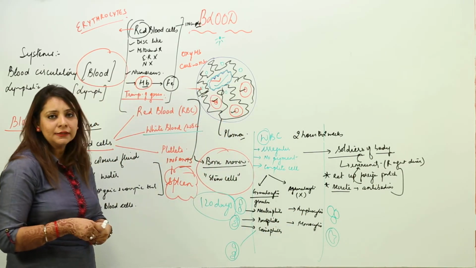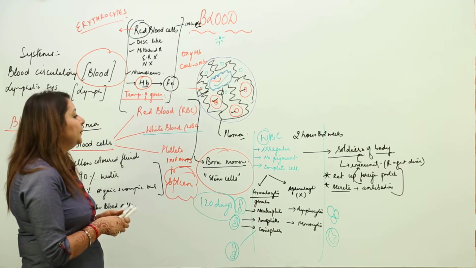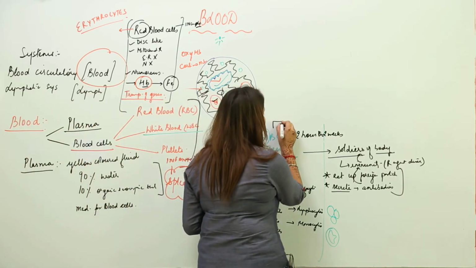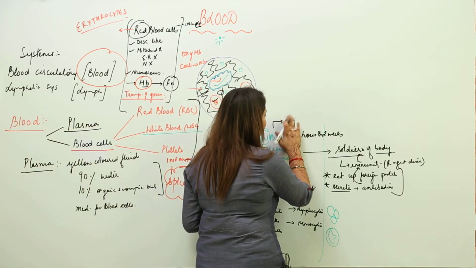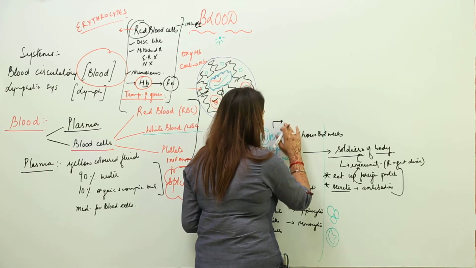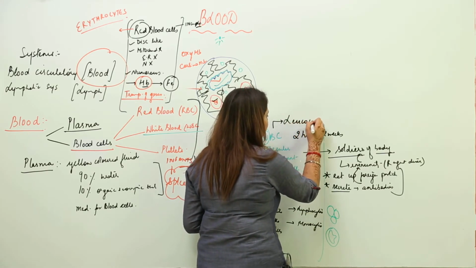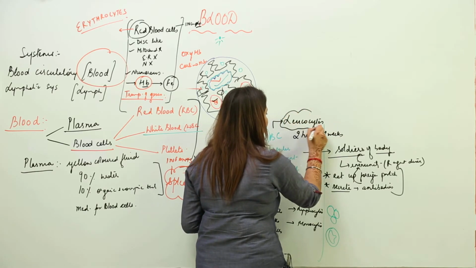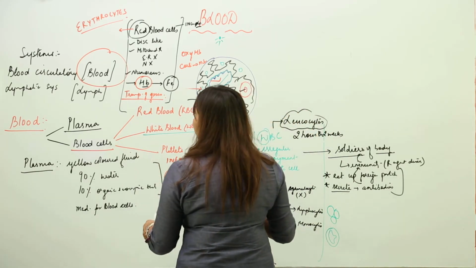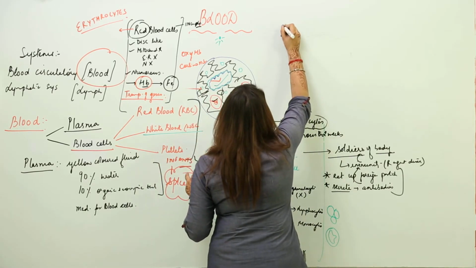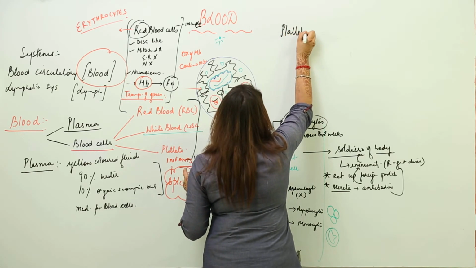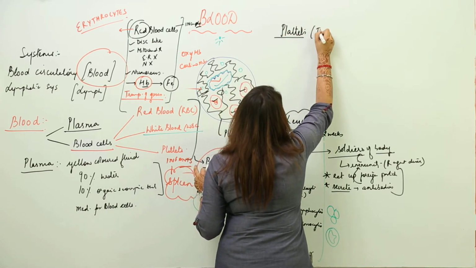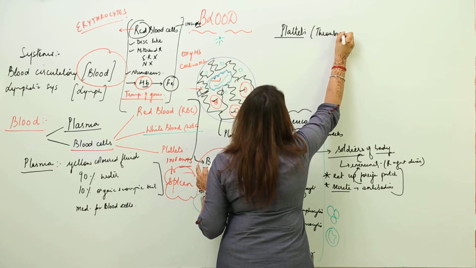So this is WBC. The other name for WBC, which I missed, is leukocytes. The third cell which we have is the platelets. The other name for platelets is thrombocytes.